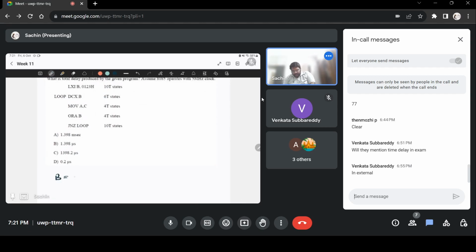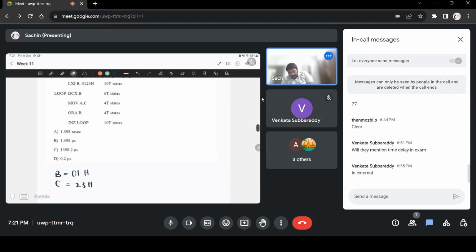B will have the first two digits, 01 in hexadecimal, and C will have 23. Since in hexadecimal each digit is 4 bits, one byte is stored by B and the other byte is stored by C. This happens once, and it takes 10 clock cycles, so you have 10T.